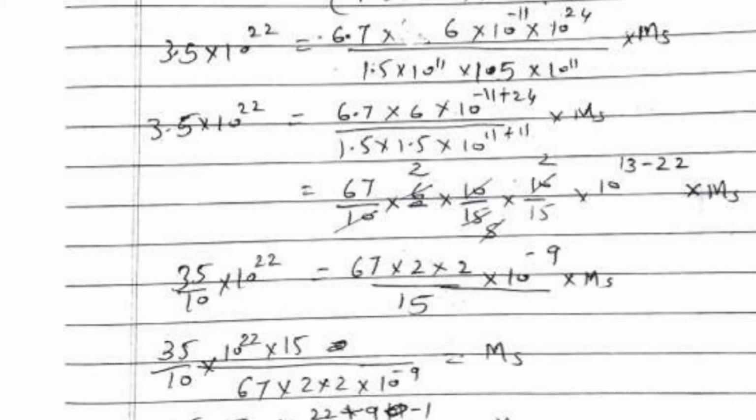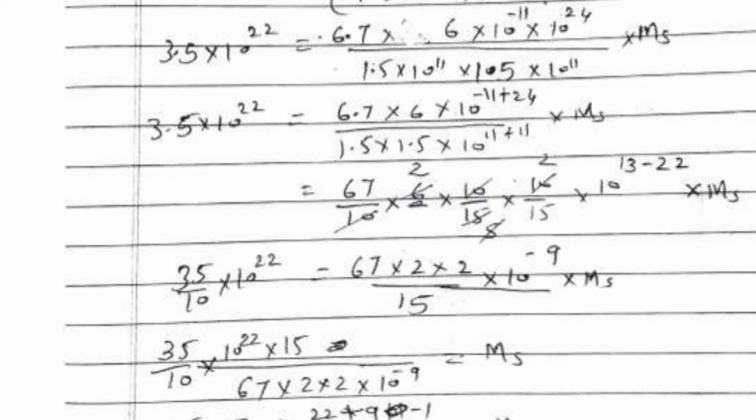So it will be 6.7 into 6 into 10 raised to 24, and that will become now 13 minus 12. And children, here I am removing now the decimal point. 6.7 is written as 67 upon 10. 6 I will write as it is. Right, now here down in the denominator you have 1.5. The denominator is 1.1, so how will 1.5 come? 1.5 upon 10. Now in the upon of upon, it is in the numerator.